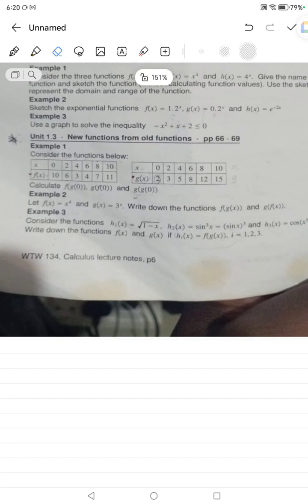So we have something like your 1.3, and as I said, your examples 1, 2, 3, those ones are easy. We'll just do them when we're done. I just want to explain this one where I know most of them get it wrong. They're saying, example 1, consider the functions below.